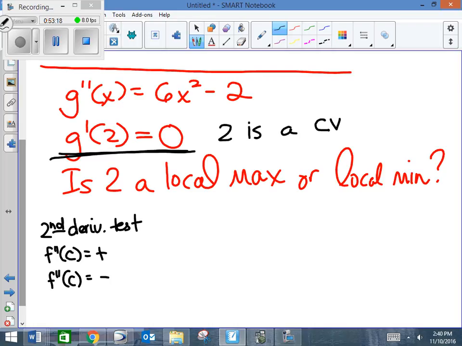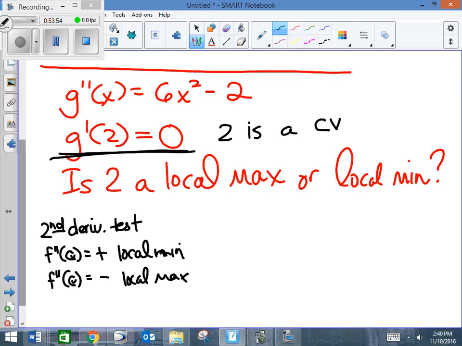Okay. So the second derivative test says at that critical value, if the second derivative is positive or negative, we have a local max or min. If f double prime of the critical value is positive, it's a local min.